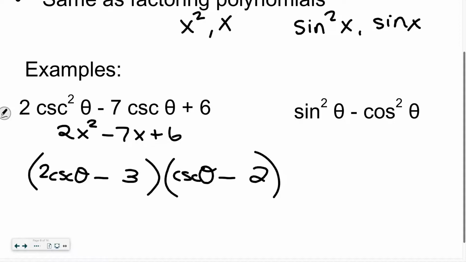And if you're really having trouble, try factoring without all the trig. Some people might be able to see this better if they're just looking at the x's and not the cosecant thetas. Oh, it's got to be 2 and 3 and a minus, and they can easily see their negative 7. But where your x's are, those are cosecants.